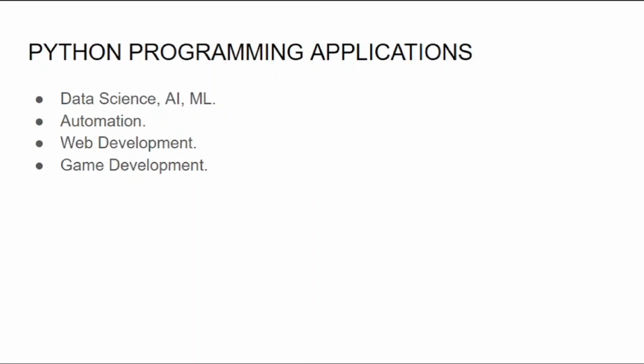This is Python programming applications. So where we use Python in our day-to-day life, where the scope of Python goes. The first one is data science, AI, ML. In our day-to-day life, we use the applications of data science, AI, ML. Whenever we go for shopping online, we use Flipkart, Amazon, Myntra, these kind of websites.